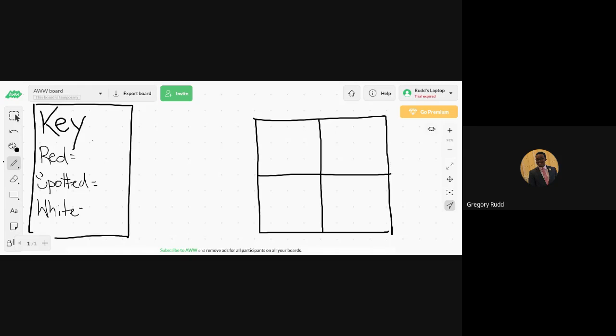So how should I write these genotypes? RR. Okay, excellent. RR, RW, good, and then WW. Excellent.